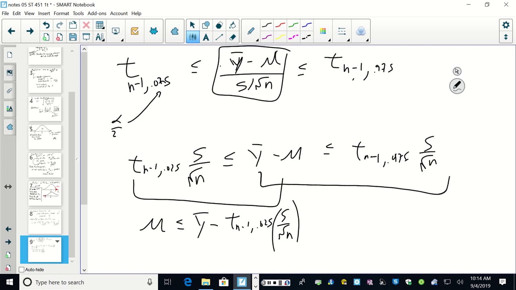And on this other side, add mu and subtract that other thing, so mu would be on the top side of this one: y bar minus t n-1, 0.975 times s over the square root of n. So we end up with two inequalities that have mu isolated, and we can put those back together: this thing is less than mu, and mu is less than that one.